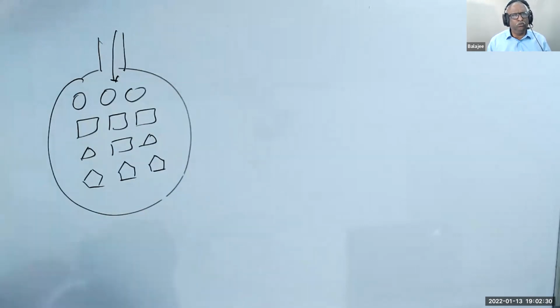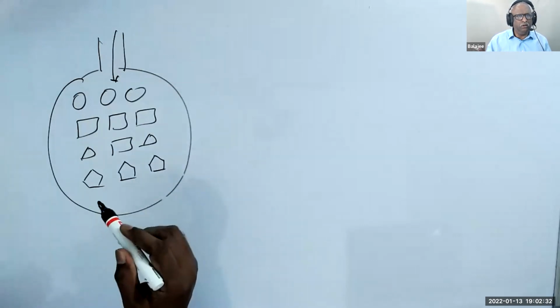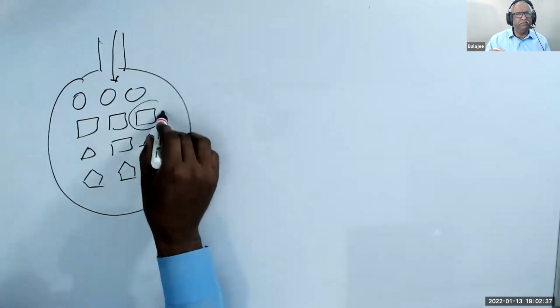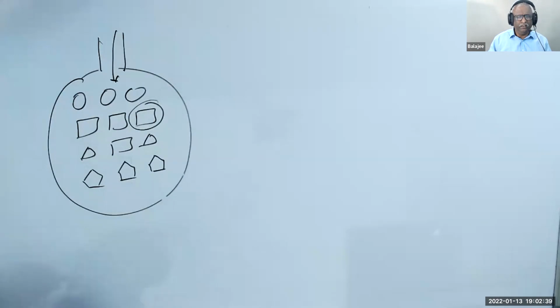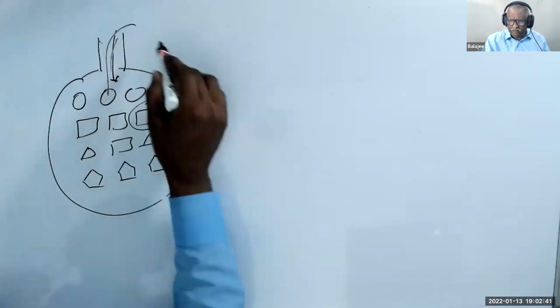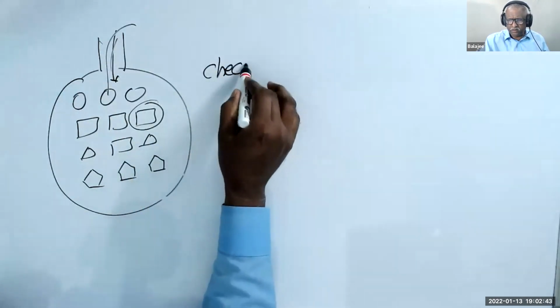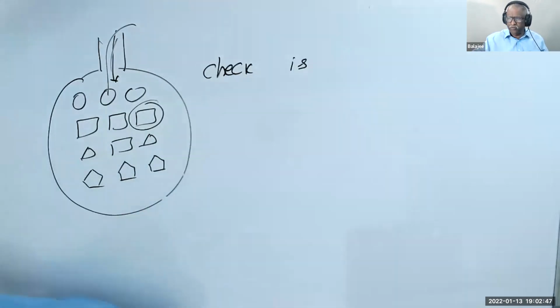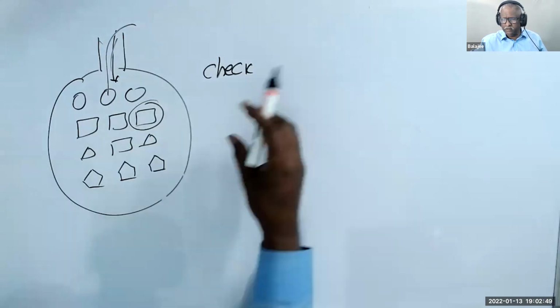If I ask you to find out how many squares are there, you'll do it very simply. You put in your hand, take a shape and check: is the shape a square?